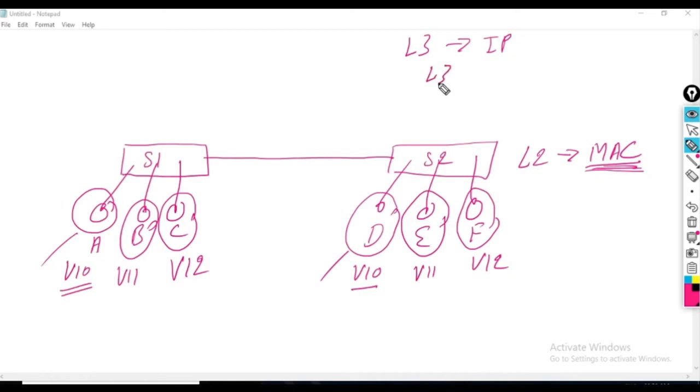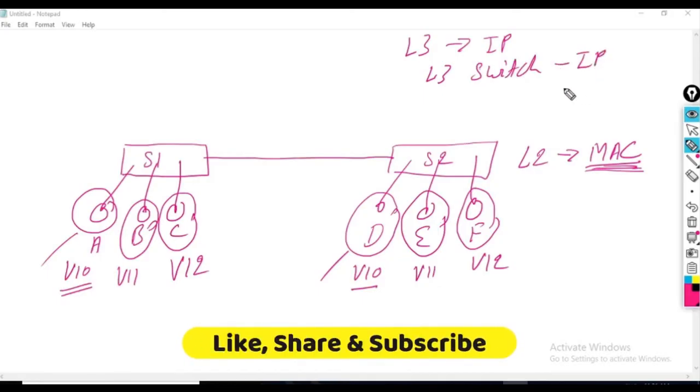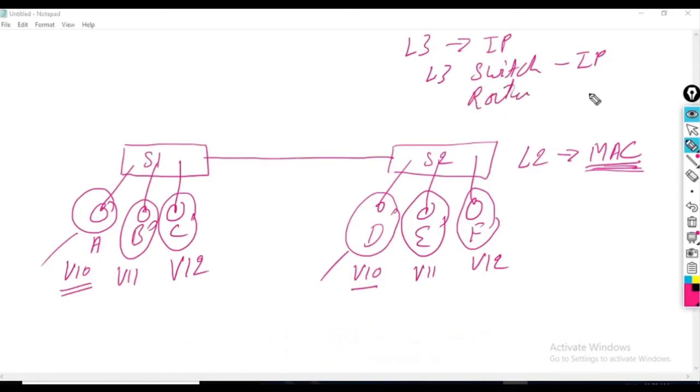Either you can use a layer 3 switch, which is again a switch but it understands both MAC and IP, or you can use a router to configure Inter-VLAN because a router always works with the help of IP address. So in the next video, I'm going to show you the practical configuration on the basis of a router, but you can use a layer 3 switch as well, right?